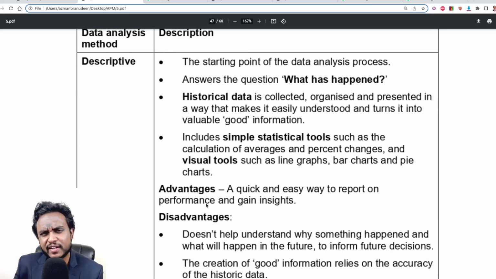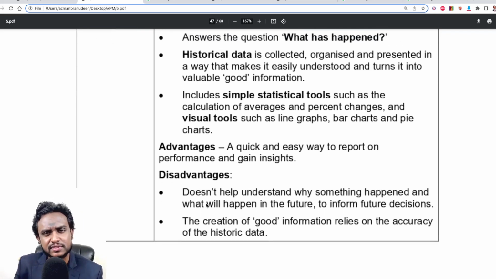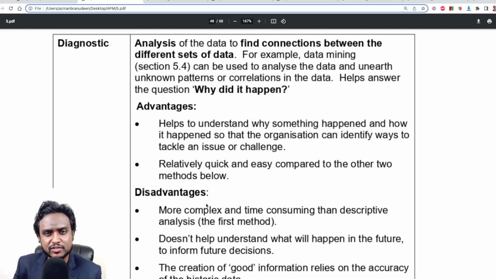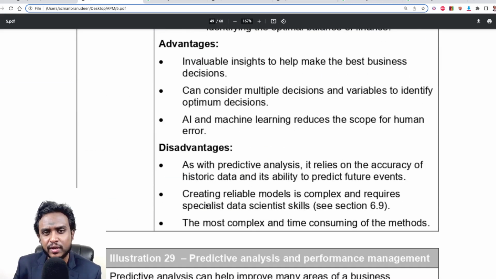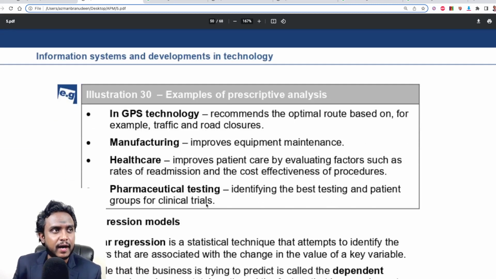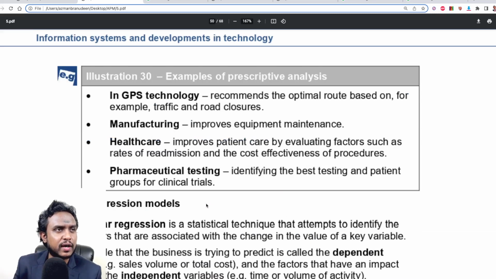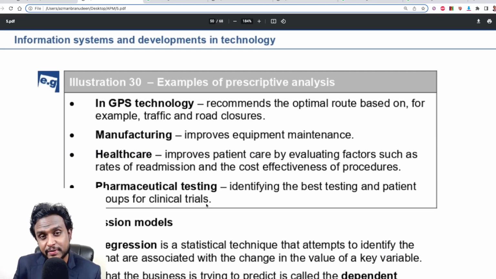So there are different tools, different approaches, different software that are being used under each of those four approaches or four methods. A few examples of prescriptive analytics, I think the best example is Google Maps, your optimal route. So it's about what you should do next.